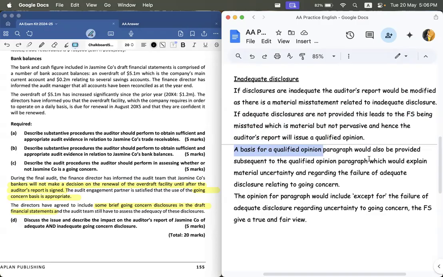This explains the material uncertainty and the failure to disclose adequately the matters relating to going concern. In the last sentence, you say, except for the inadequate disclosure regarding uncertainty relating to going concern, the FS gives a true and fair view.